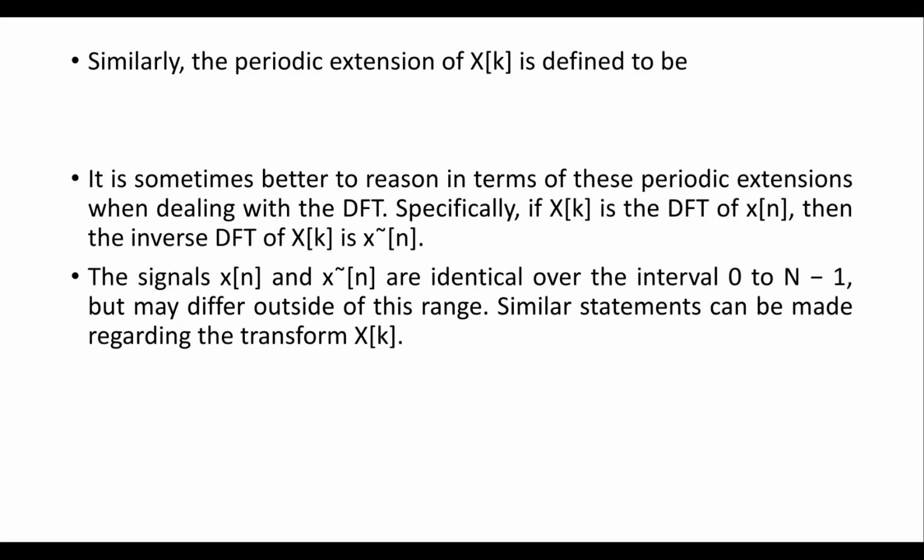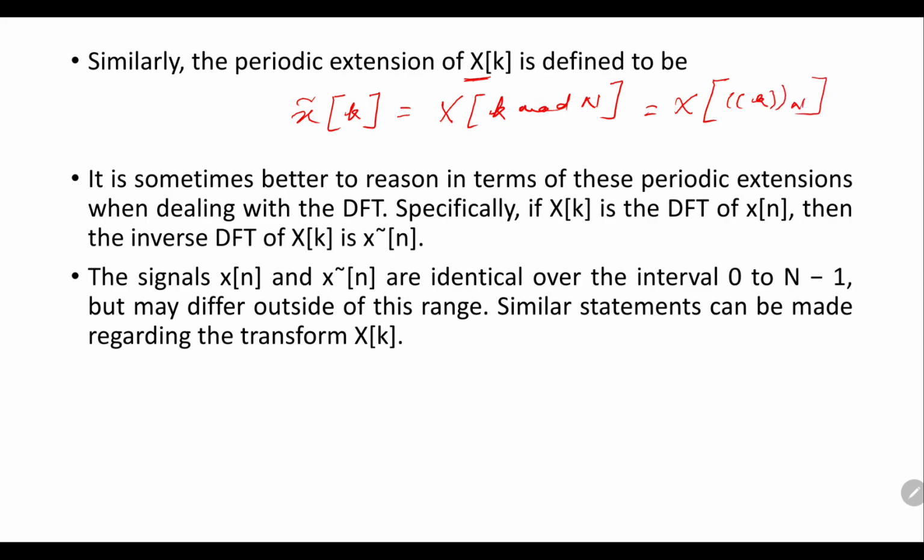Similarly, the periodic extension for X[k], the discrete Fourier transform of x[n], can also be written as X bar of k, which equals capital X of k mod N. It is sometimes better to reason in terms of these periodic extensions when dealing with the discrete Fourier transform.